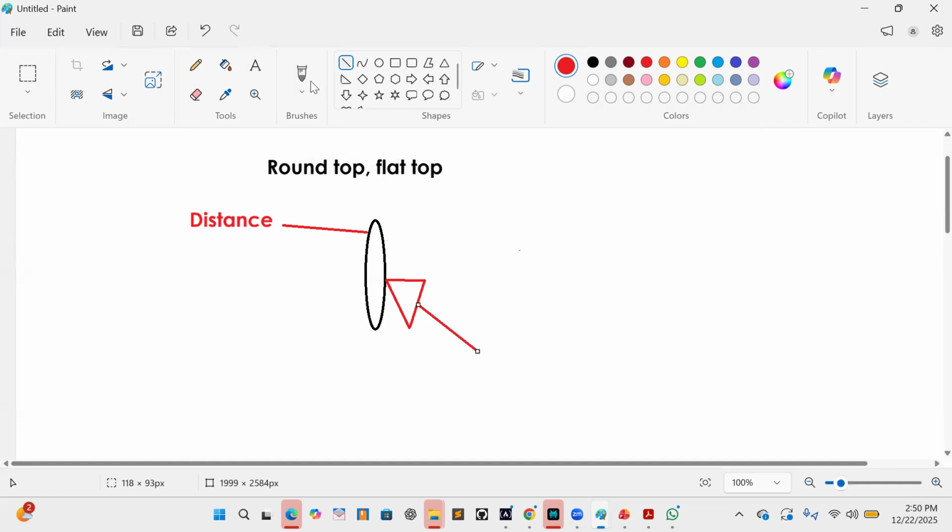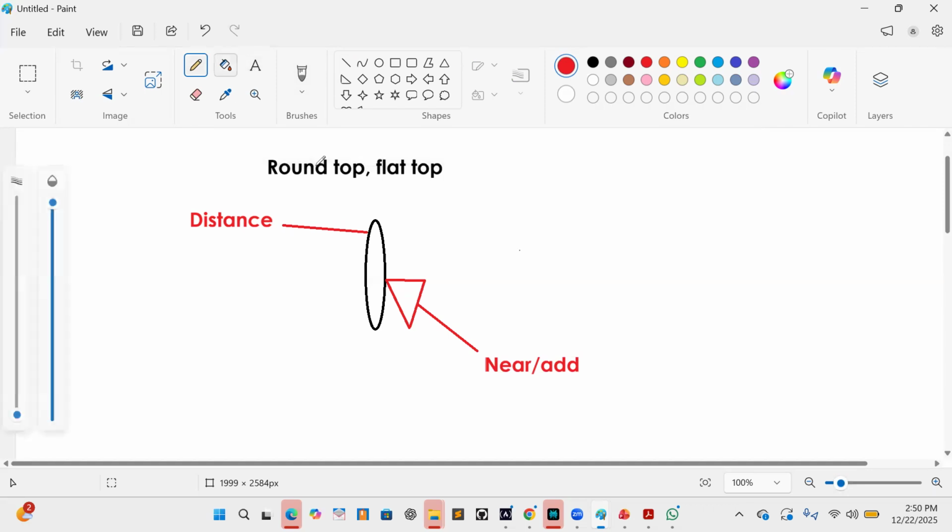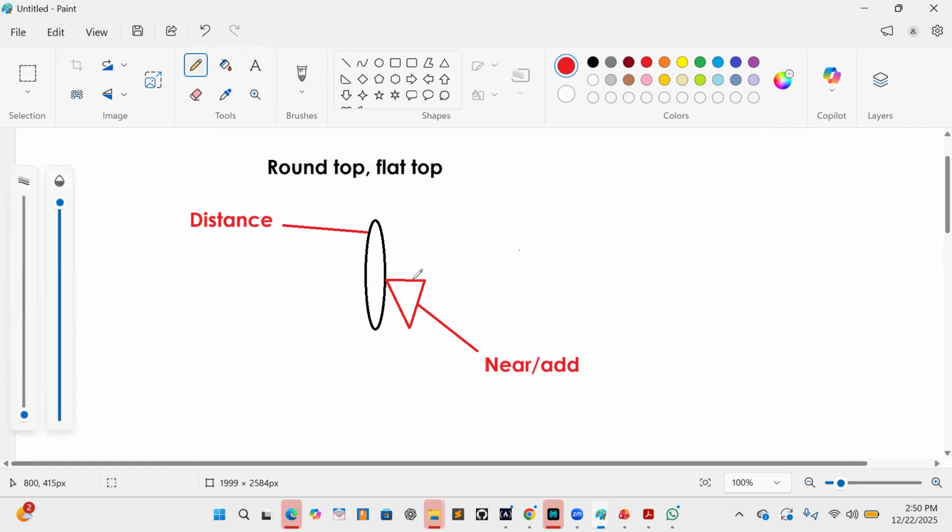So this is the add we're talking about. Now I said the add can be flat top or round top. When we say flat top, this is what we mean, and you see the top here is flat. It's like a base up like that. The add is formed by removing a part of the lens. Instead of using a complete convex lens for the add, it's just a part.